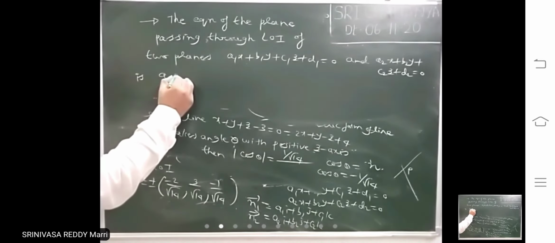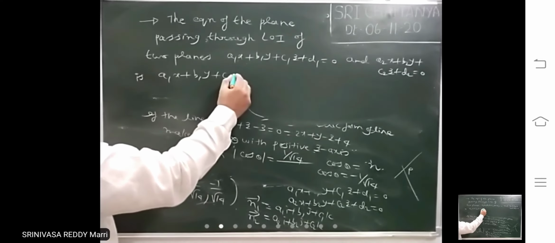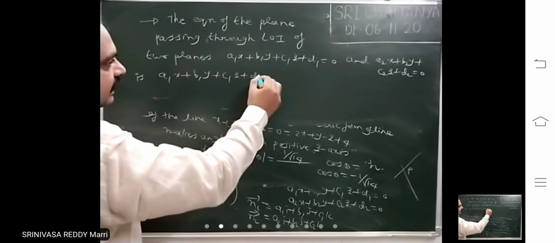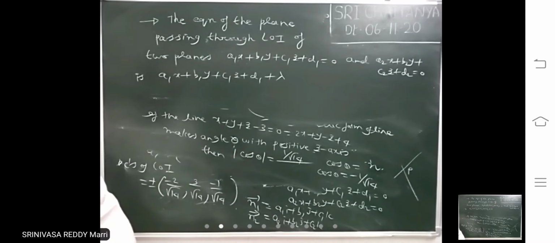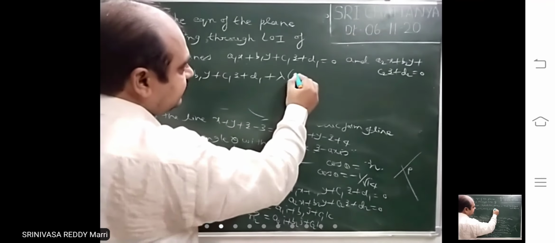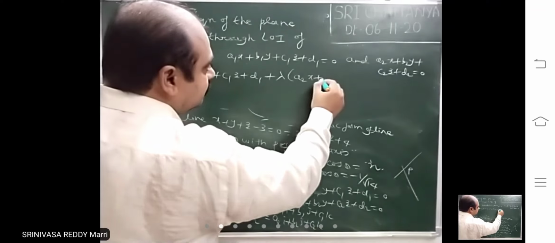Plane 1 is given, plane 2 is given. You want to find the equation of the plane that passes through the line of intersection of both: plane 1 plus lambda into plane 2 equal to 0.